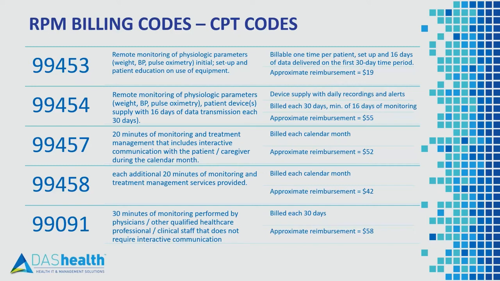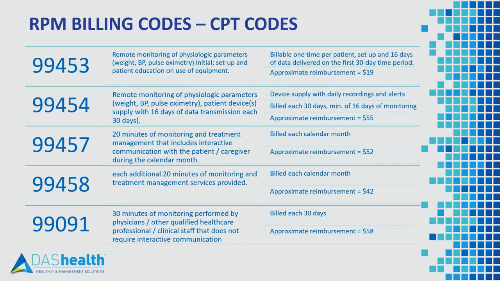99454 and 99457 are billable every single solitary month for the patient. The difference with these two codes is the 99454 is the physiological monitoring of the data, where 16 days of data, again, must be received in order to bill for that service. Your 99457 and your 99458 are the codes utilized for care plan, care coordination, and must include a telephone conversation.